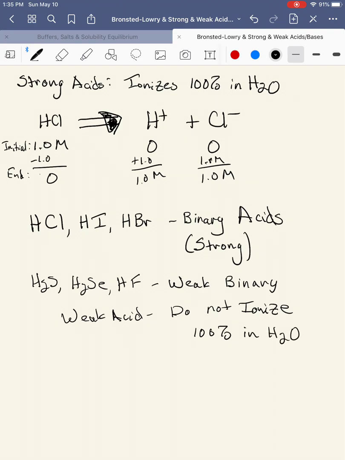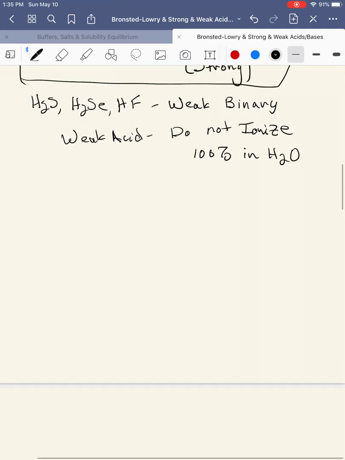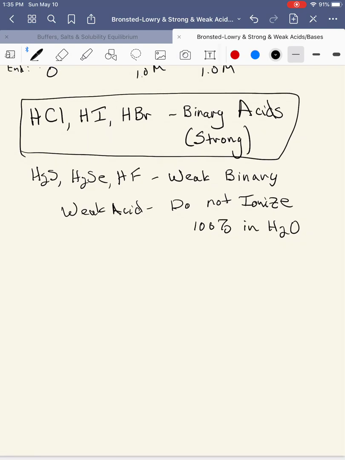Okay, so strong binary acids: HCl, HI, and HBr. All others are weak. They do not ionize 100% in water. Okay, all other binaries. Now let's talk about other types of acids, oxyacids.